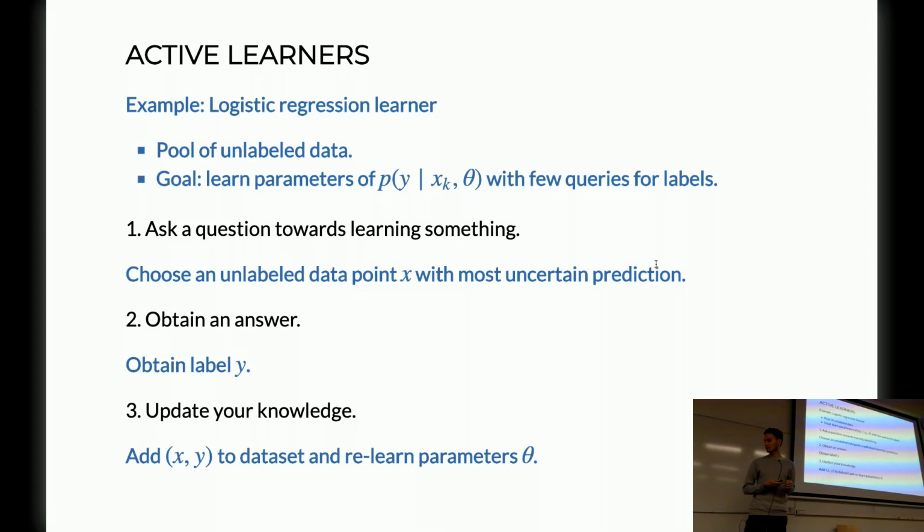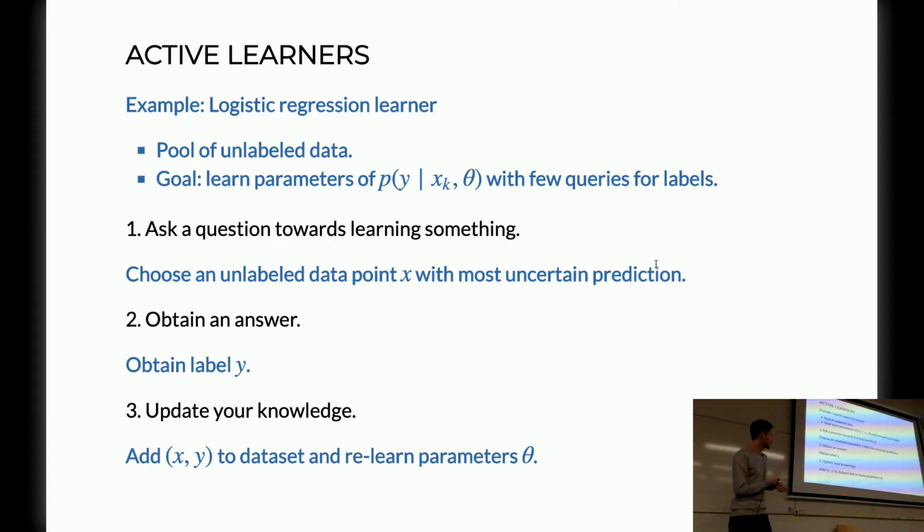For example, we might have a logistic regression model, and there is a pool of unlabeled data that it can ask for labels one at a time. And the goal is to learn the parameters of the logistic regression model.